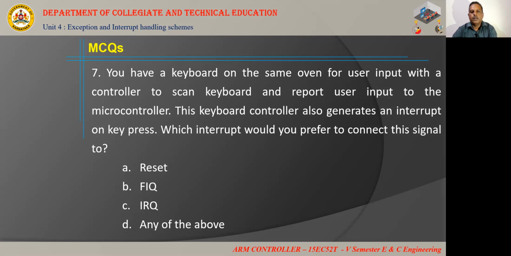That is why it may be connected to the IRQ request. If this is the only source of interrupt, then there is no point in connecting to any other interrupt; it can be connected to FIQ also. But since this is a microwave oven, and FIQ is already engaged, we have the next option IRQ, and it should be connected to the IRQ input.